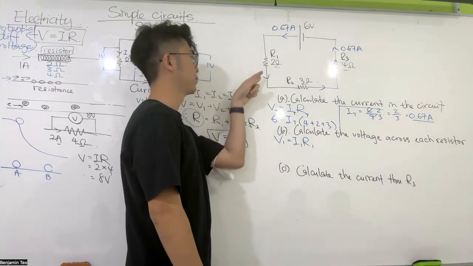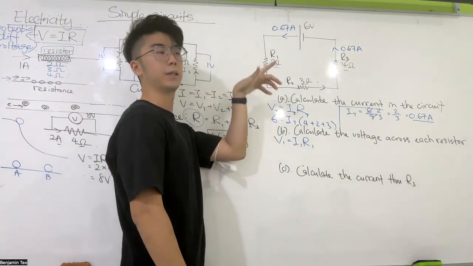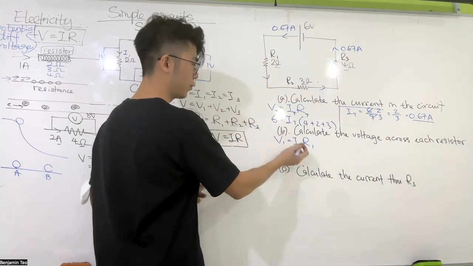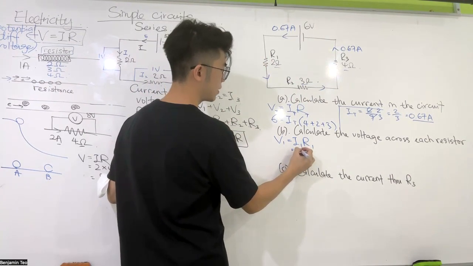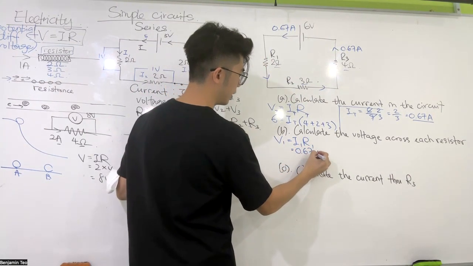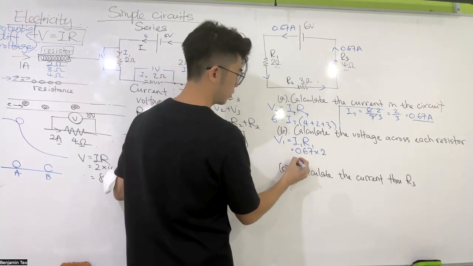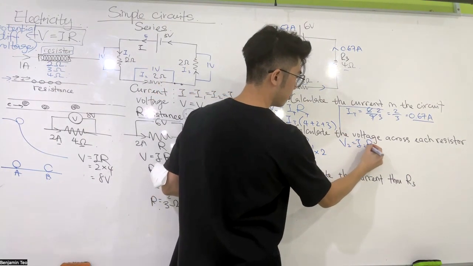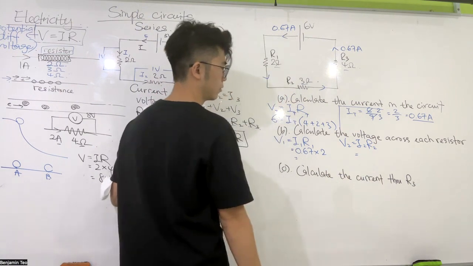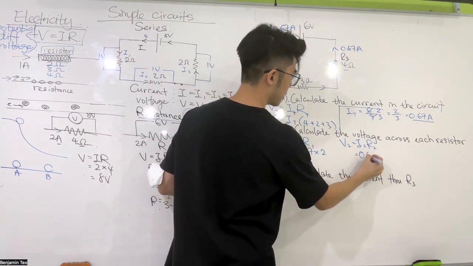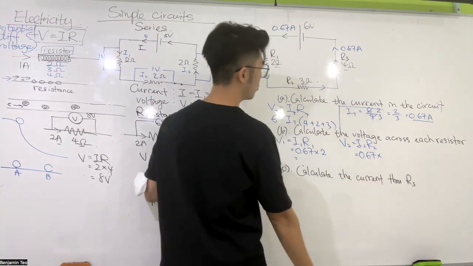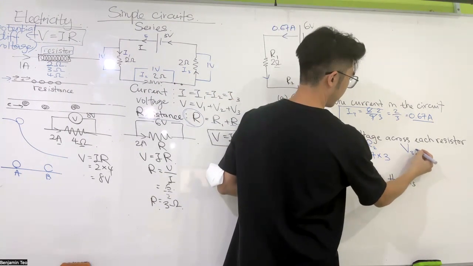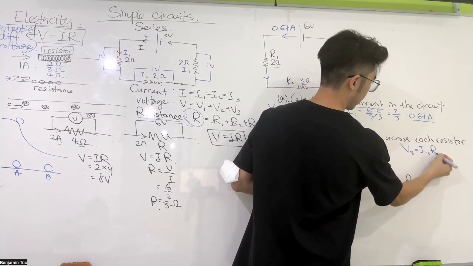Do I have the current? The resistances are all given, and I also know the current. Then you can just get the voltage. V1 equals I1 times R1, this is 0.67 times 2. You get your V1. V2 equals I2 times R2, 0.67 times 3. V3 equals I3 times R3.